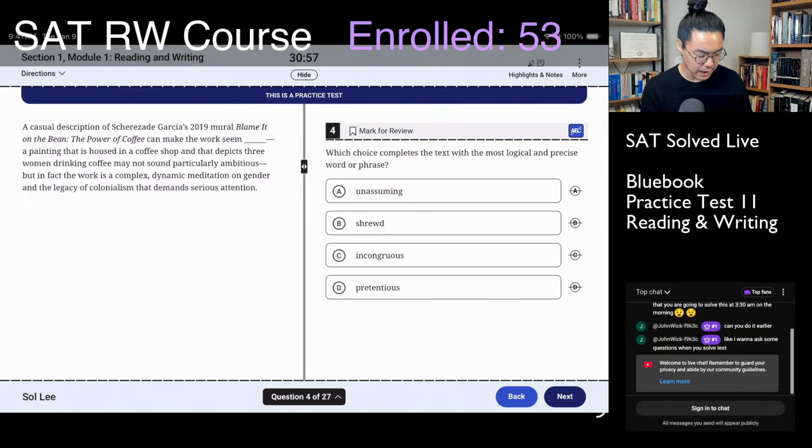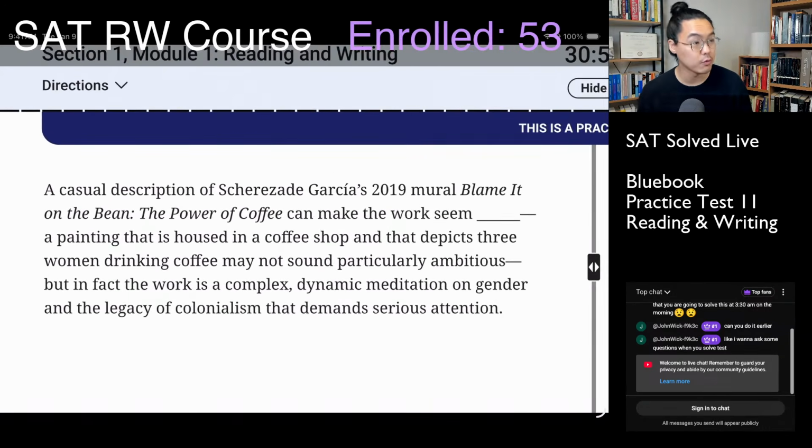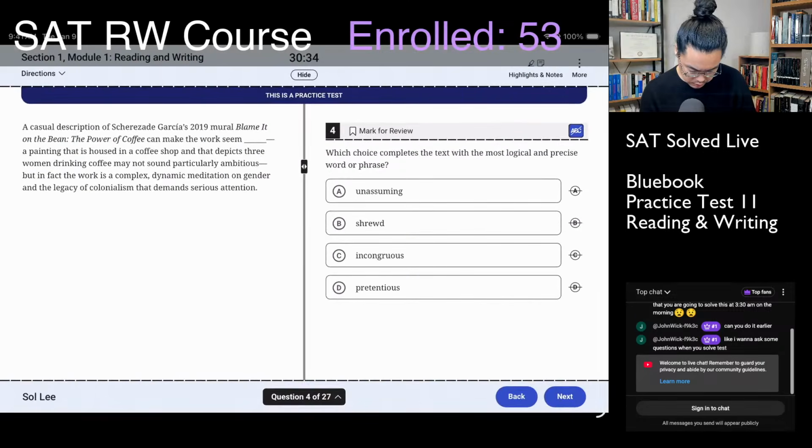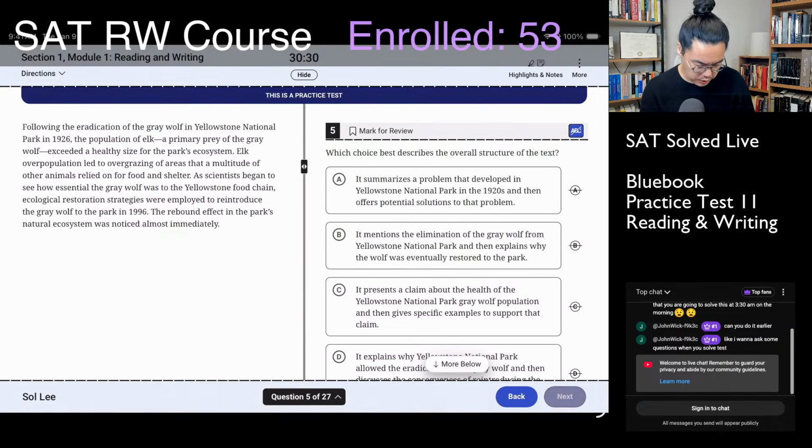So if you can't predict the answer to that question, you have to work on your grammar actually for that one. A casual description of the mural on the bean can make the work seem silly. A painting that is housed in the ambitious, unambitious, simple, not unserious, unassuming. Yep, just double checked everything else and we're good.